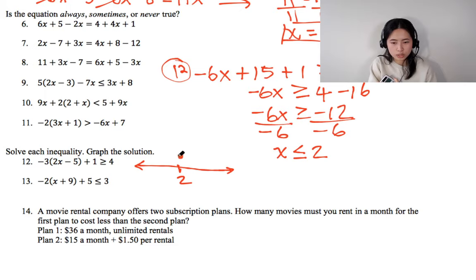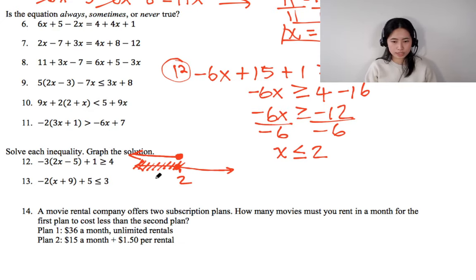So you're going to have something like this. It has to be included, and because it's less than 2, you need to go in this direction. So everything here is going to be included, and that's 2, as one of your x's.